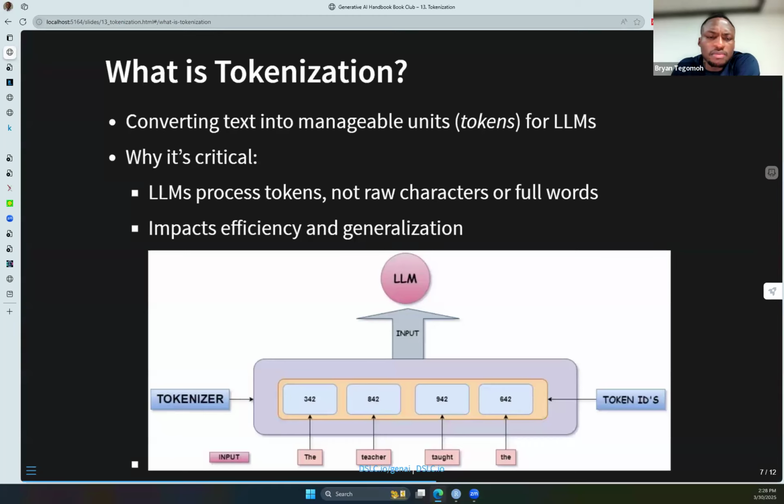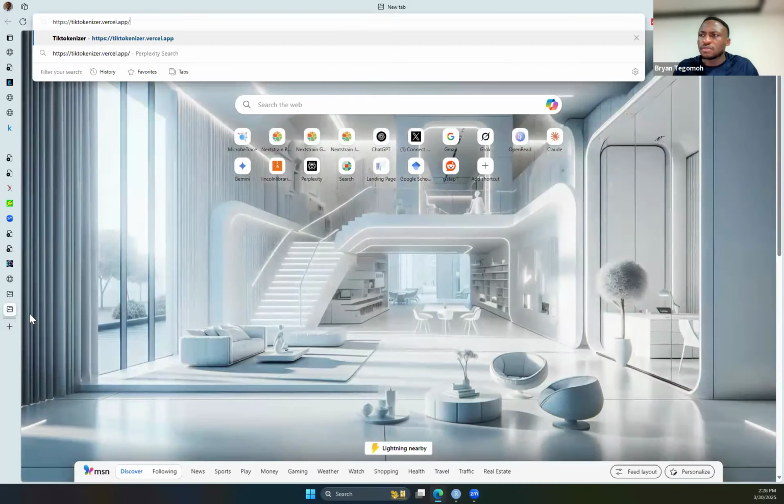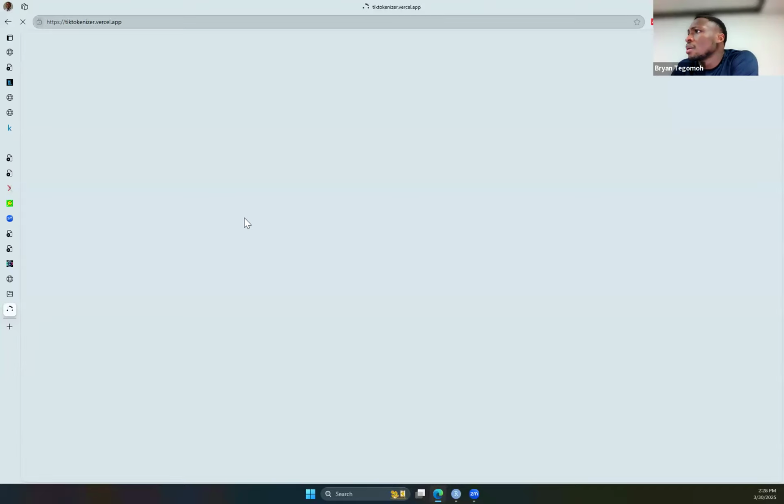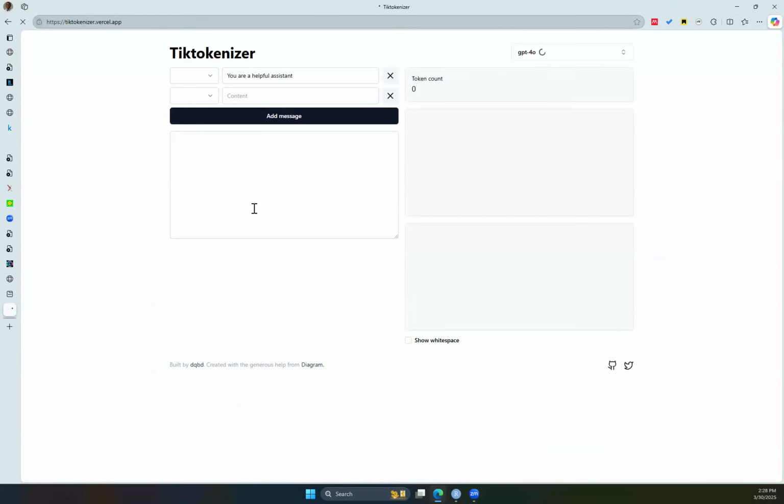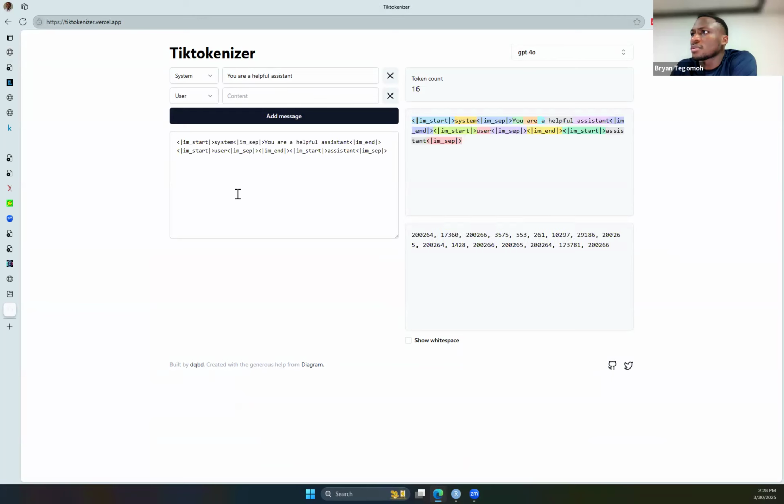There's a really nice website that helps convert words into tokens. Yeah, this is it. Thank you.